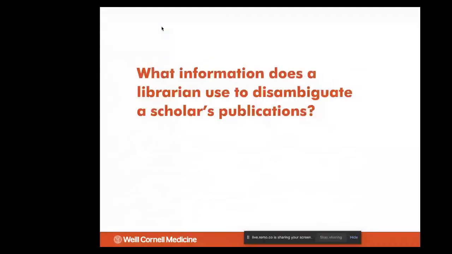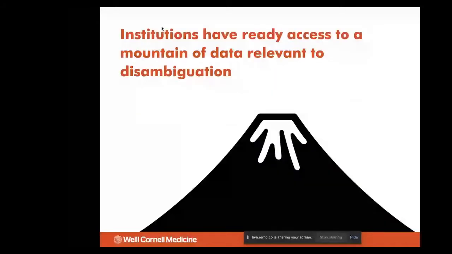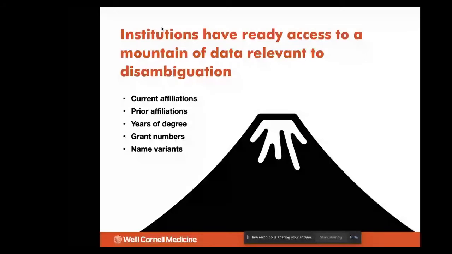The librarian is really the model for how ReCiter works. So we're starting by thinking, what kind of information does a librarian need to effectively disambiguate a scholar's publications? And it turns out that a lot of this information is maintained by institutions: affiliations, years of degree, grant numbers, name variants, departments, relationships, emails.